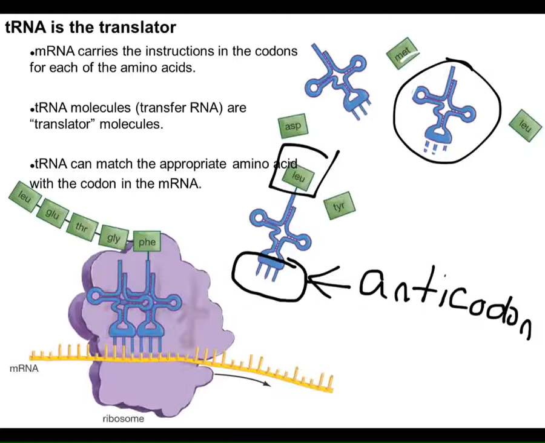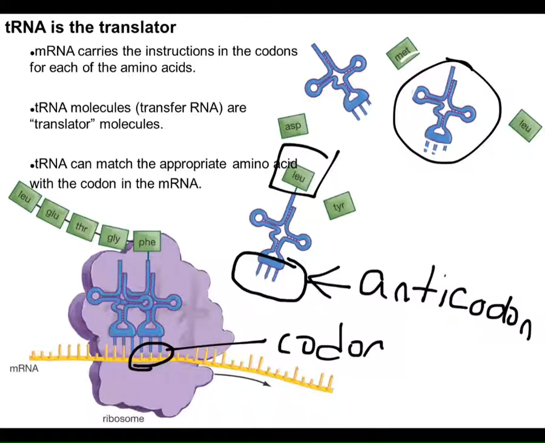What do we call the three letters here on the mRNA? The codon, right? So what we're going to see is that the codon, the three letters in the mRNA, are going to match up perfectly through complementation the three letters on the tRNA. And this is the true translation mystery right here.